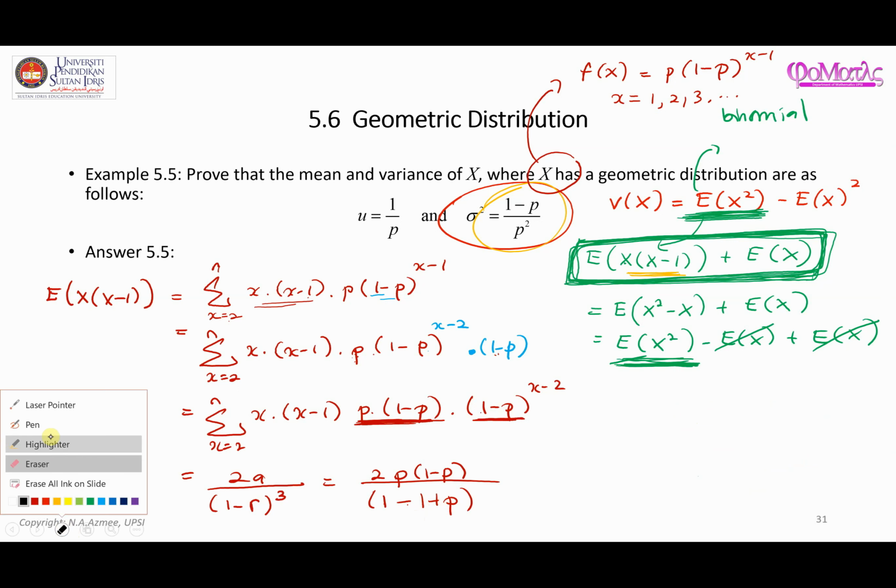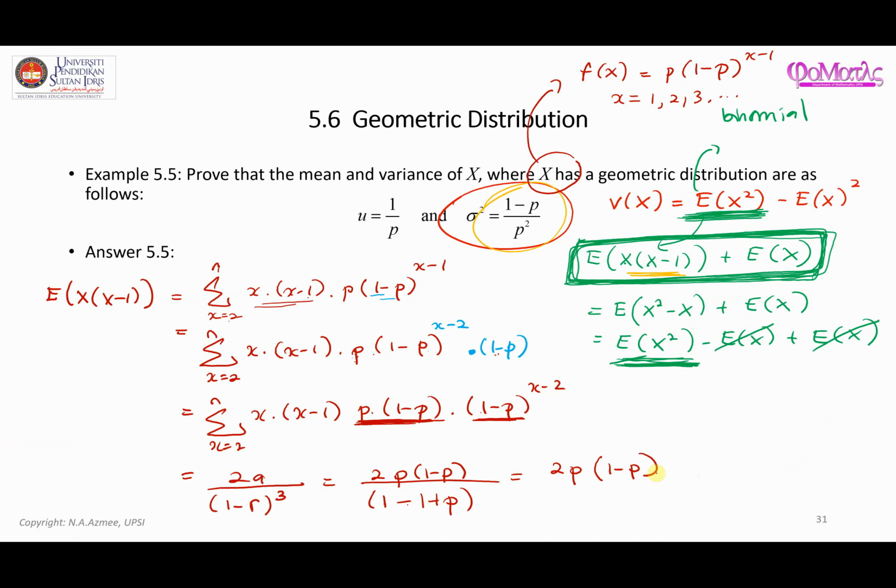So therefore, what we have next is we can simplify that to be 2p(1 minus p) over p, right? So that's what we have.